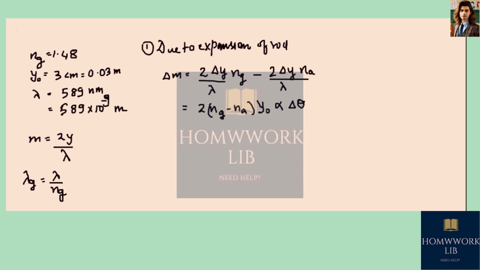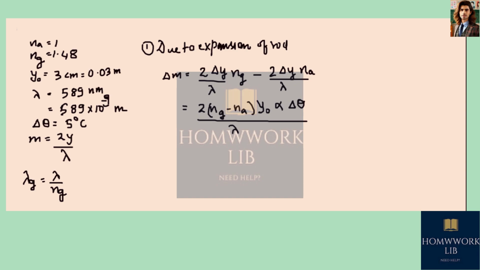It is given that del theta, the change in temperature, is 5 degrees centigrade per minute. So let me write here 5 degrees centigrade; we are solving for a period of 1 minute, times alpha. Now you know the value of Ng, and the refractive index of air equals 1.